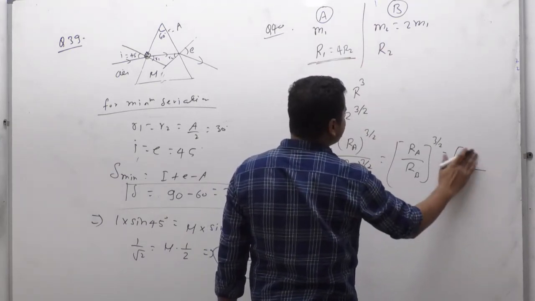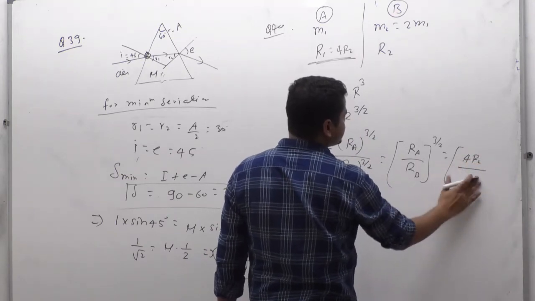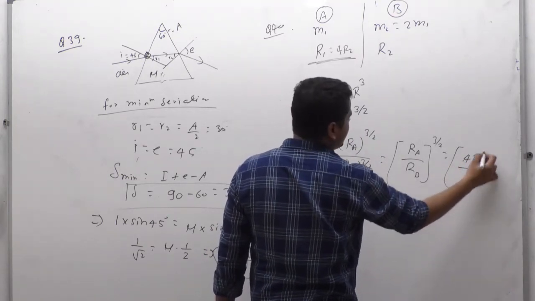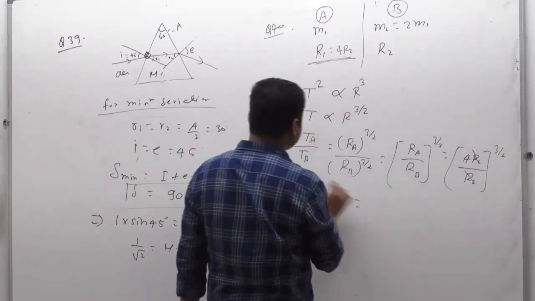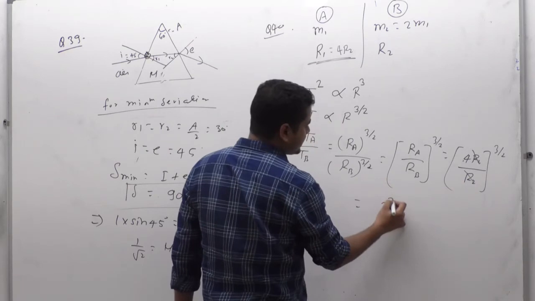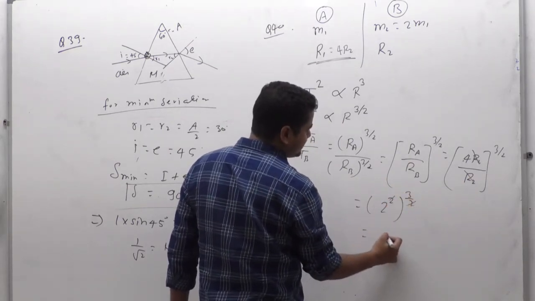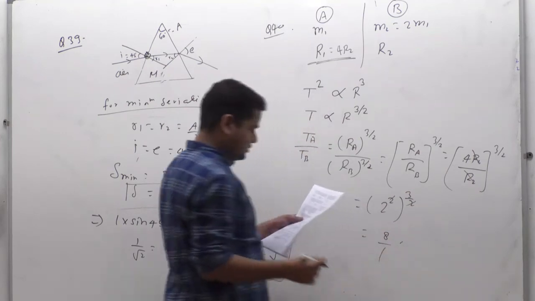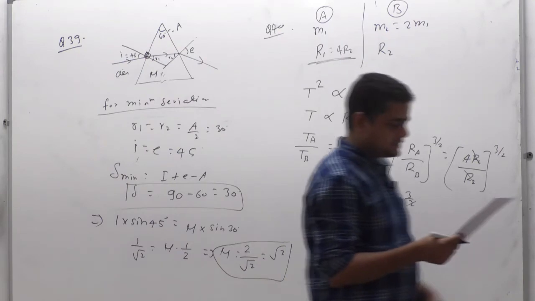So instead of R1 we can substitute 4 times R2, and instead of RB we put R2, and their whole power is 3 by 2. R2 cancels. So this comes out as 4, and 4 is 2 squared, so 2 squared to the power 3 by 2, the 2s cancel. So this is 2 cubed, which is 8 upon 1. The option matching is option C, which is 8. So the correct answer is 8.